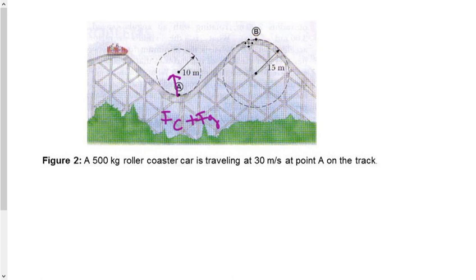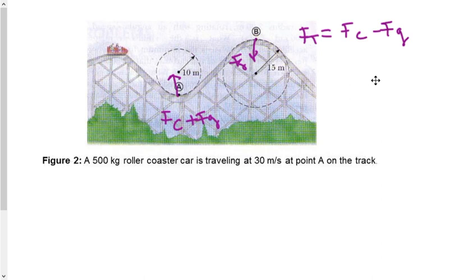When the cars get to the top here, again, we've got force gravity pushing downwards. And of course, the track then doesn't have to do as much to keep things going in a circle there. So the force of the track here is going to equal force centripetal minus force gravity.